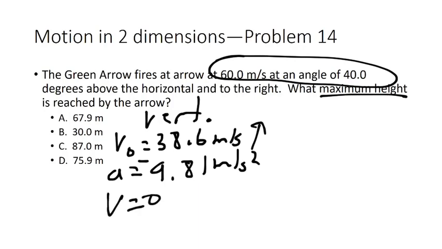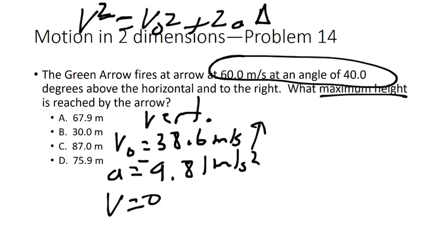So there's several ways we could find this maximum height, but probably the easiest way is to use this equation. We're going to say v squared equals v0 squared plus 2a delta y in this case. We're going to solve that for delta y.